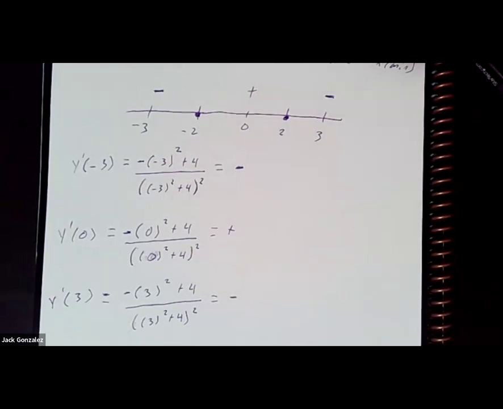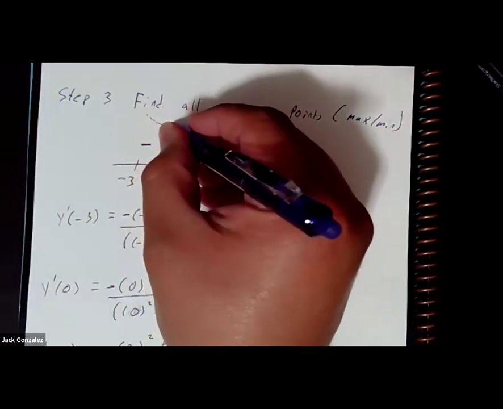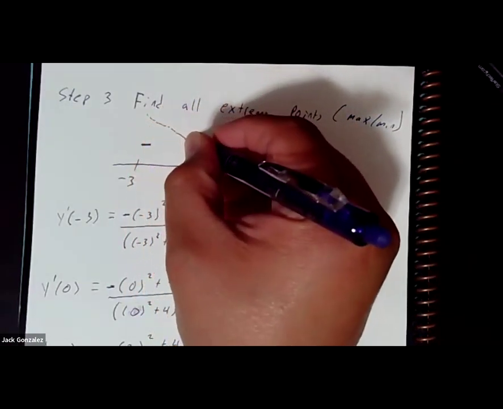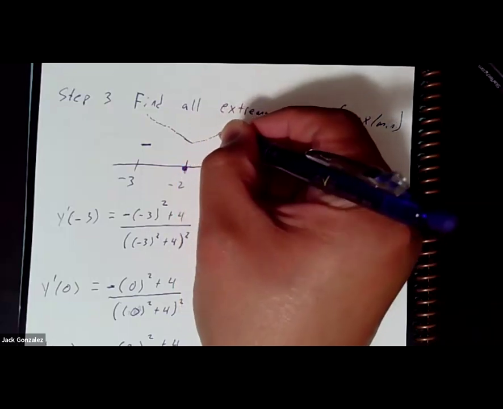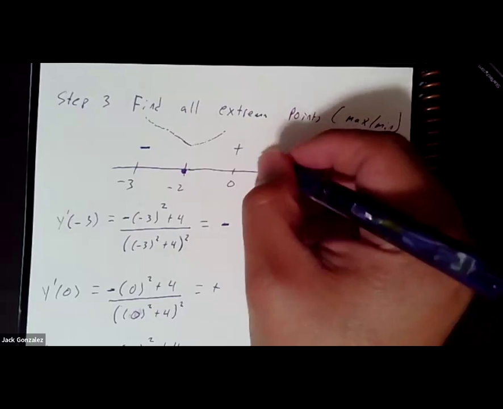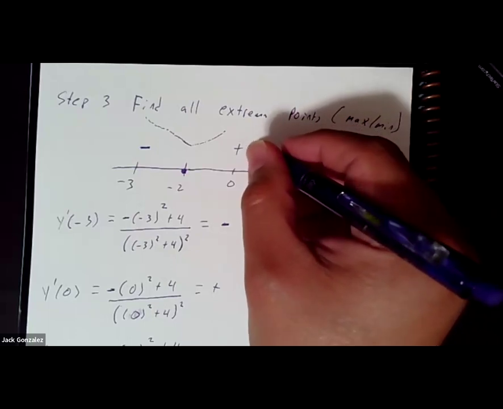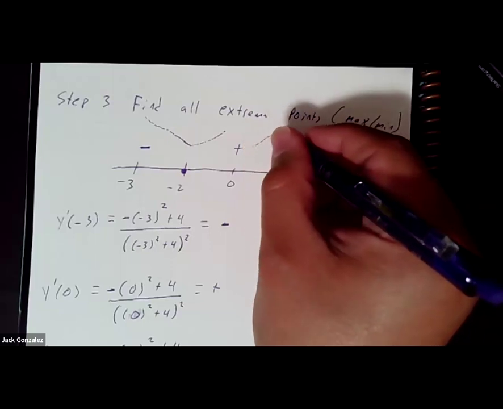There you go. Okay. Sorry, my mind's a little distracted today. So we're going to be decreasing, then change to increasing. Then we're going to go from increasing, right, to decreasing.